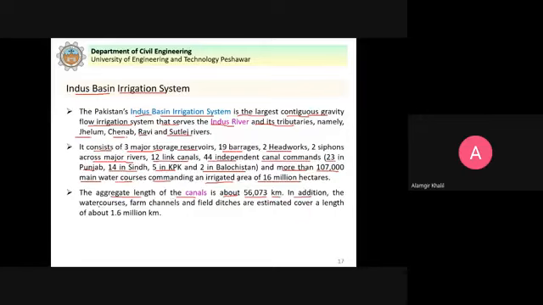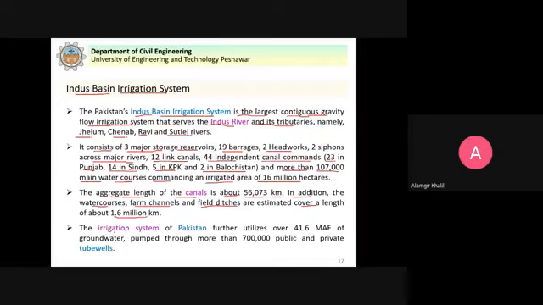In addition, the water courses, farm channels, and field ditches, the narrow channels that supply water to the farmers, are estimated to cover a length of about 1.6 million kilometers. The irrigation system of Pakistan further utilizes over 41.6 million acre feet of groundwater pumped through more than 700,000 public and private tube wells.